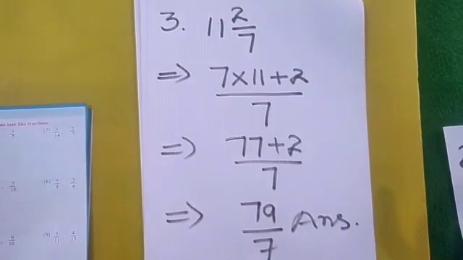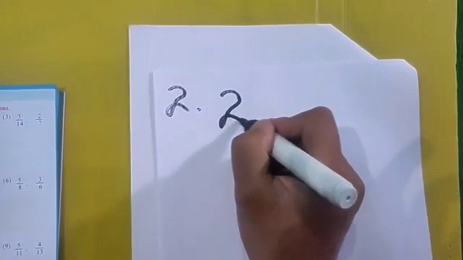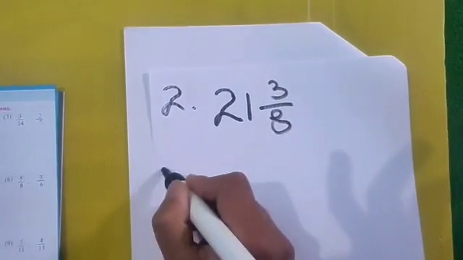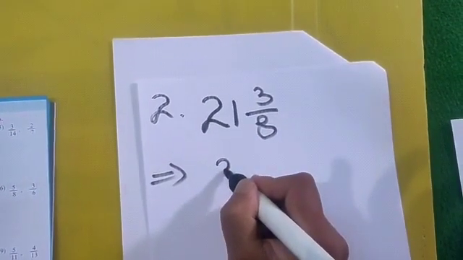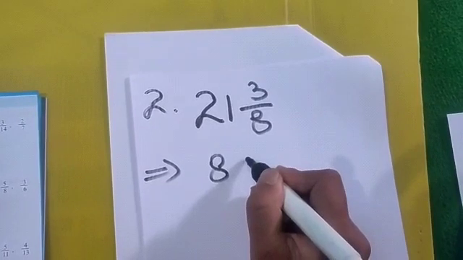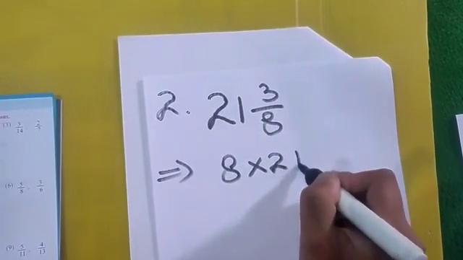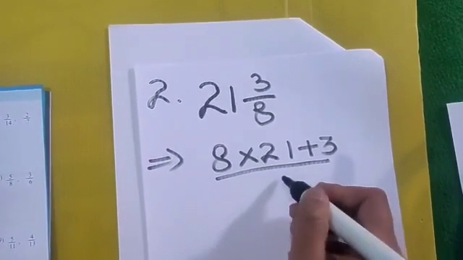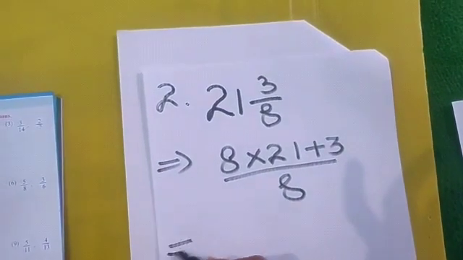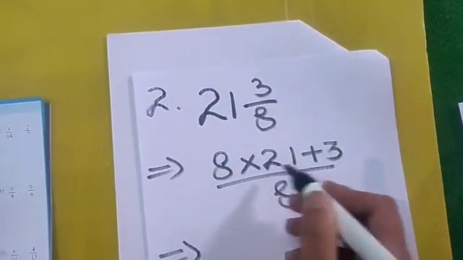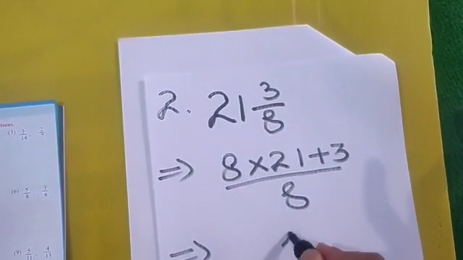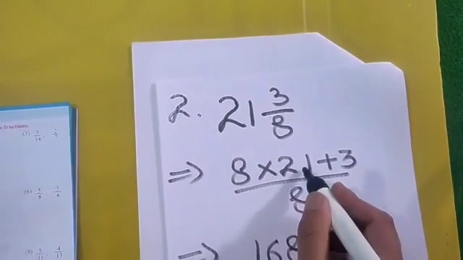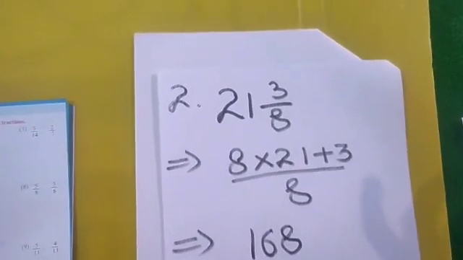And our next part is 21 whole 3 upon 8. We multiply 8 with 21, add 3, and denominator is 8. 8 times 21: 8 times 1 is 8, 8 times 2 is 16, that means 8 times 21 is 168.